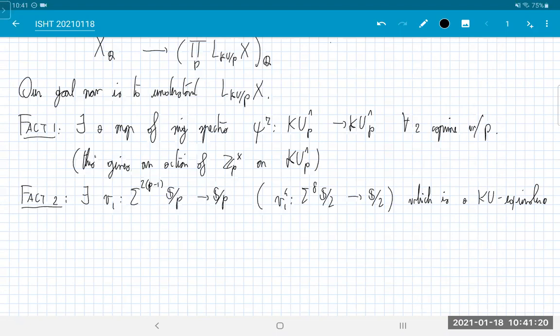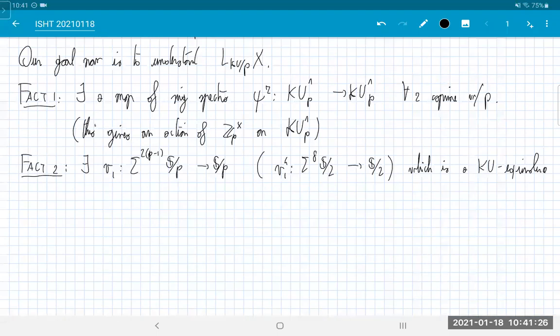And this is harder to construct, so let me tell you briefly where this comes from. So v1 is constructed so that it fits in a diagram.